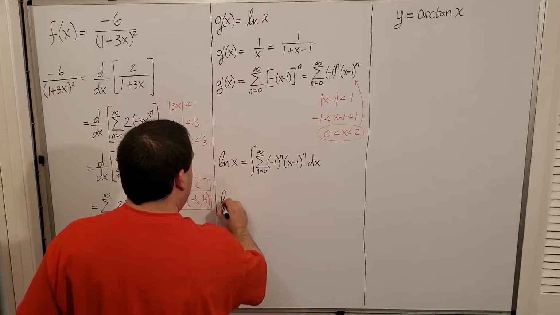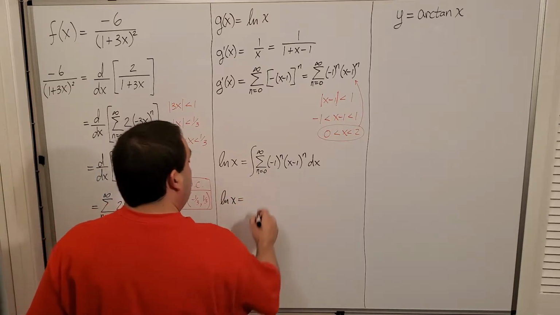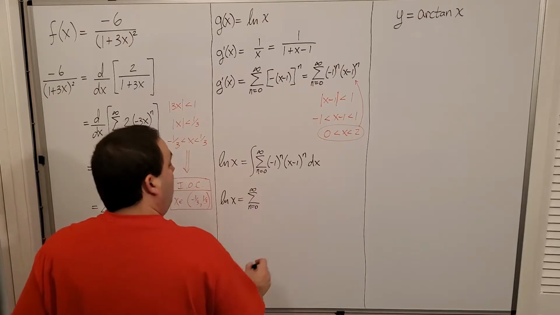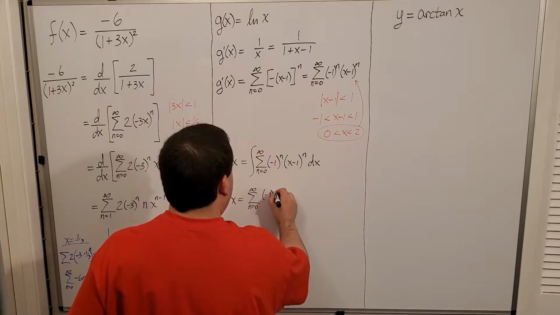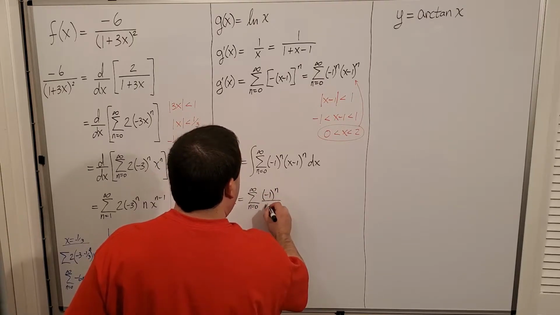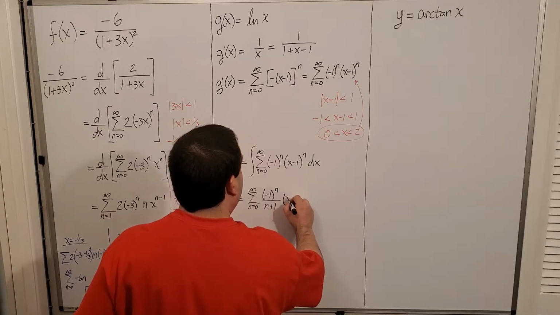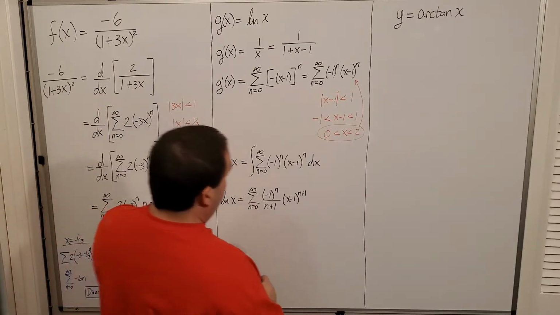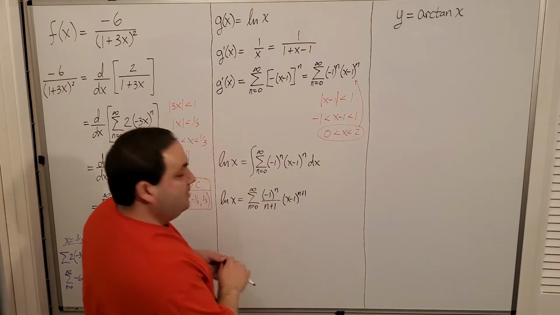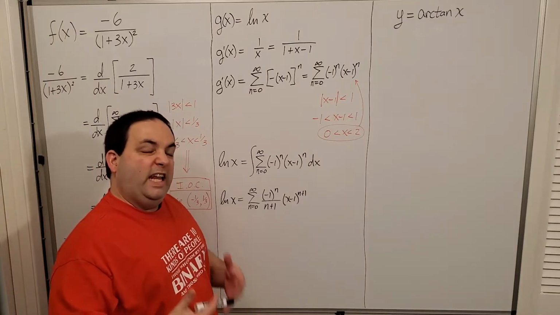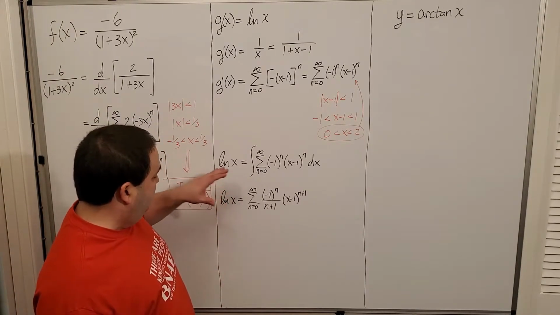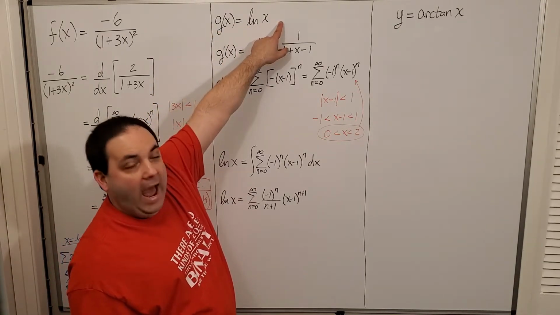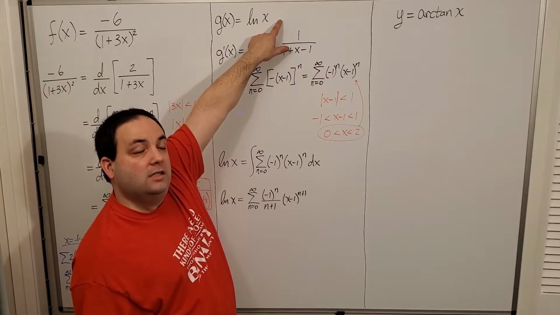Okay, so then my ln of x is going to be equal to the sum n equals 0 to infinity of negative 1 to the n divided by n plus 1 times x minus 1 to the n plus 1. Now again, there is a plus c after doing that antiderivative, but this is more like an initial value problem. I know specifically that I'm not just doing any antiderivative. My original function has already plus a constant where the constant is 0.